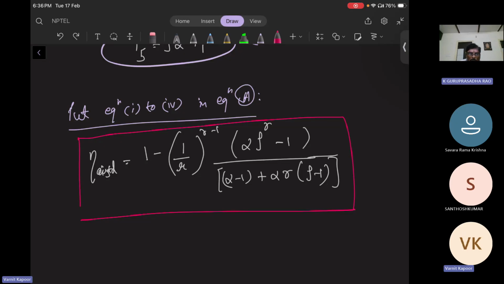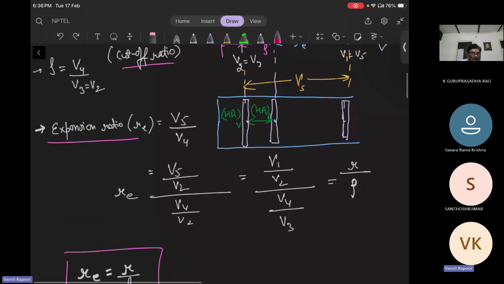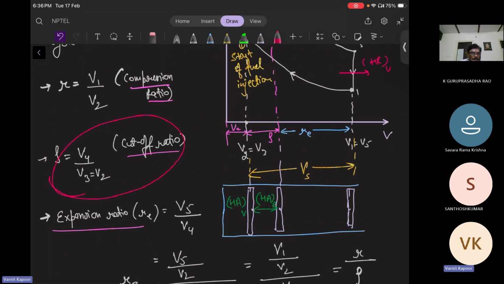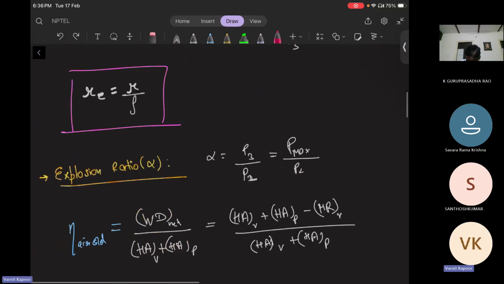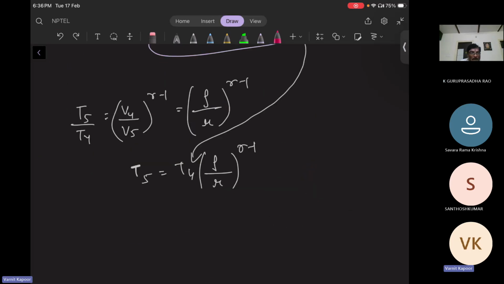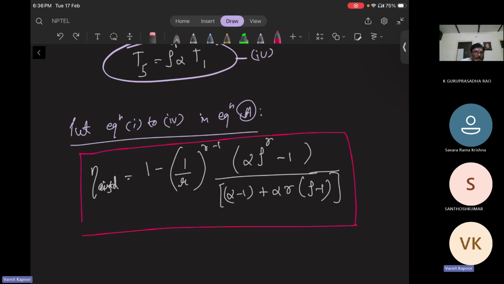Alpha is your explosion ratio and rho is your cutoff ratio. Just now we defined it above. Rho is your cutoff ratio, and alpha is your explosion ratio.